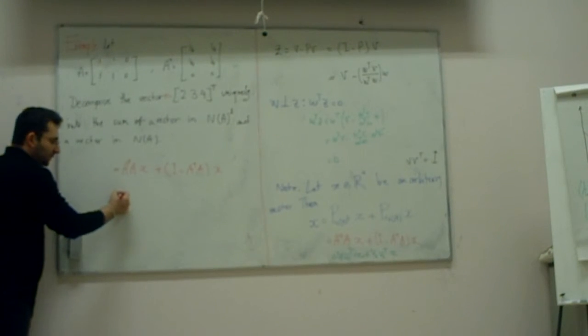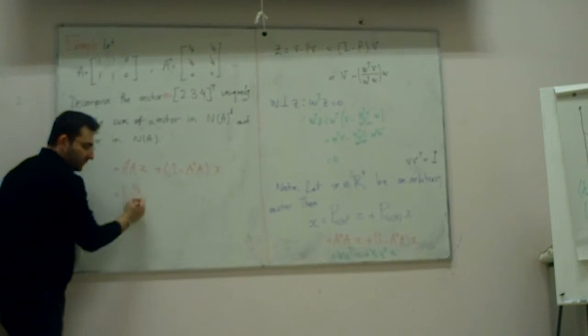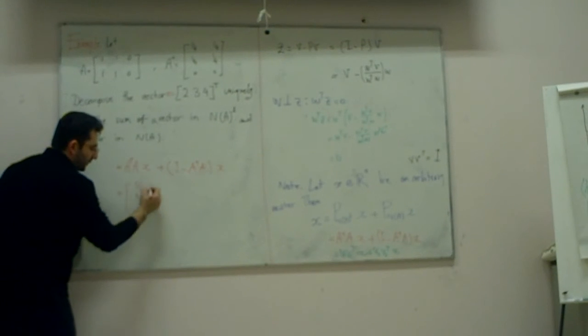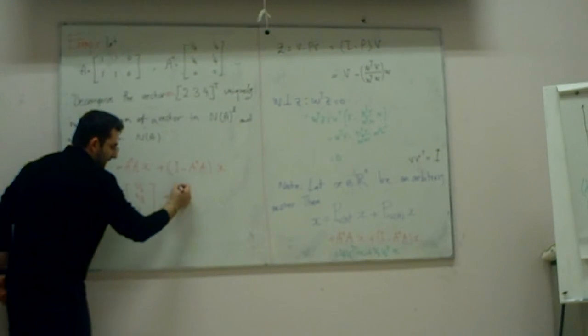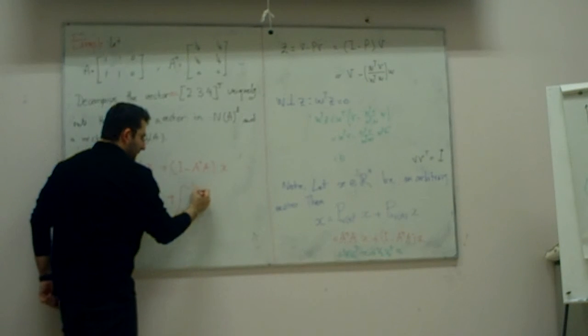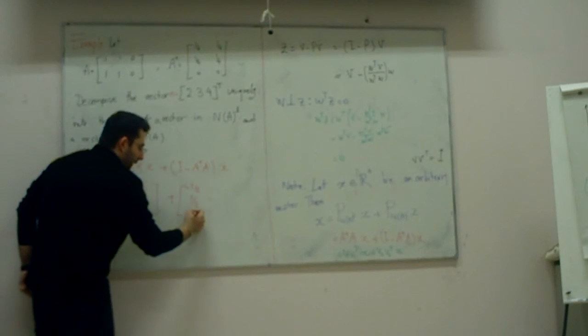And if you do, you get the result to be 5 over 2, 0, plus minus 1 over 2, 1 over 2, and 4.